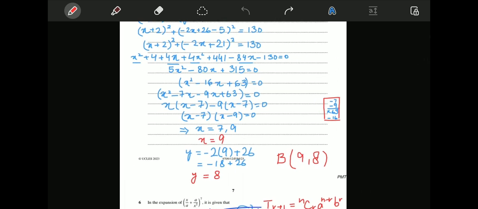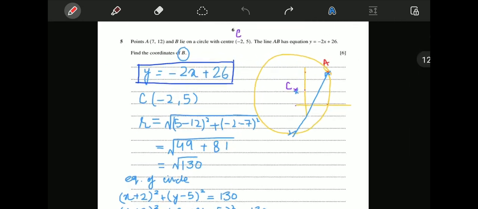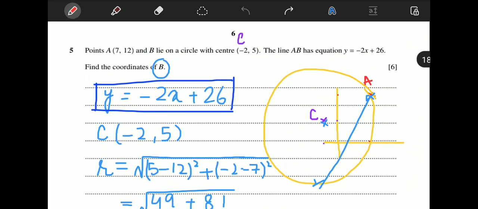Why are we not taking x equals to 7? Because obviously we are getting 2 points of intersection by solving the equation of line and equation of circle. One will be the point A that we already know is 7 and 12. So this is already we have.